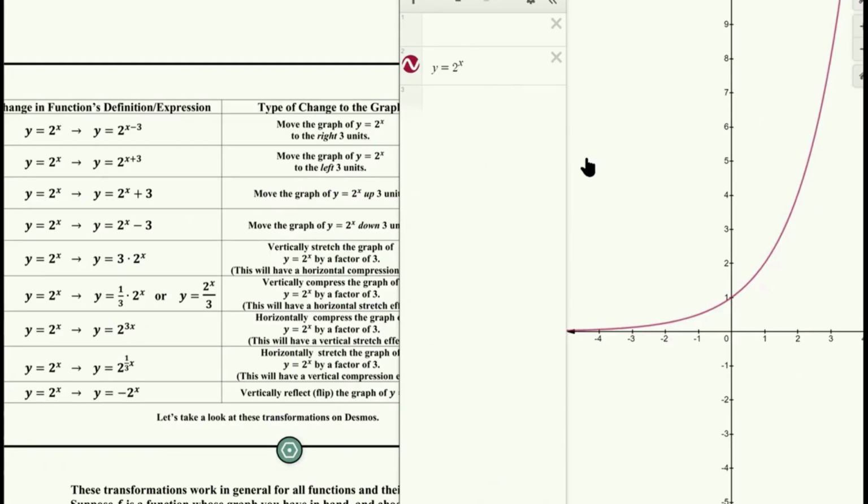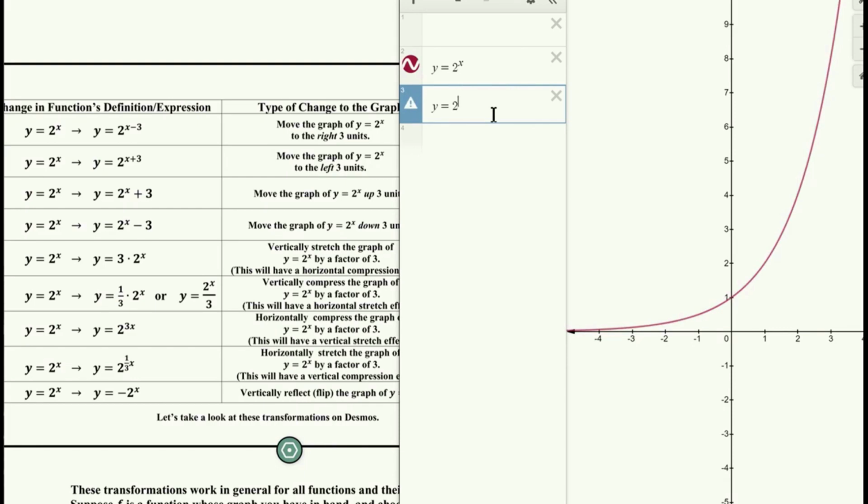Okay, so here we can see the graph of y equals 2 to the x on the right here. So we'll take a look at y equals 2 to the x minus 3. So let me be lazy and copy that. All right, so if we just change the x to x minus 3, this is going to be a little tricky with Desmos.